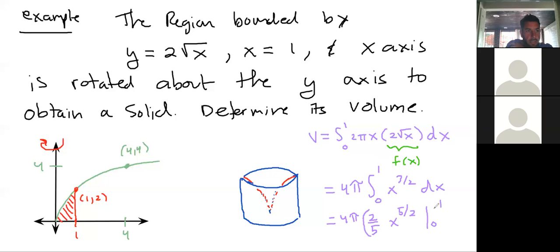And we can be very careful how we do this if we'd like. And so if you do the computation, you get 8 pi over 5 is the volume of that particular integral.